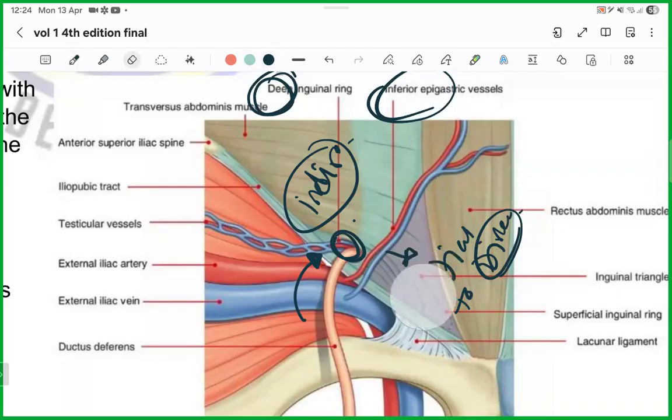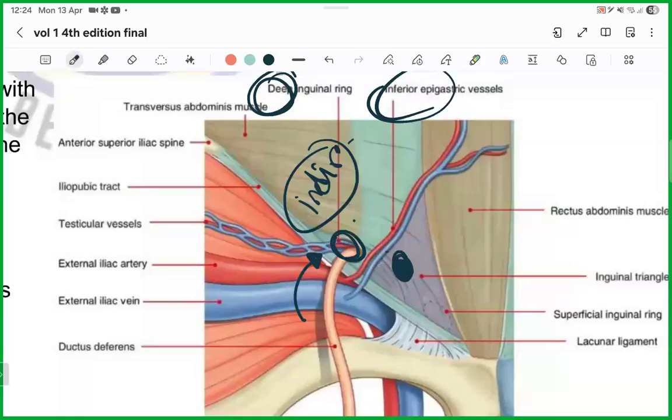This area is frequently affected, so in this area we get direct inguinal hernia, and we call it a triangle.